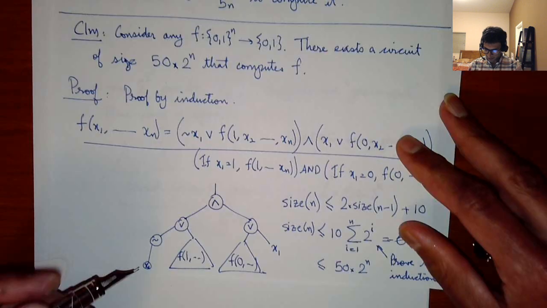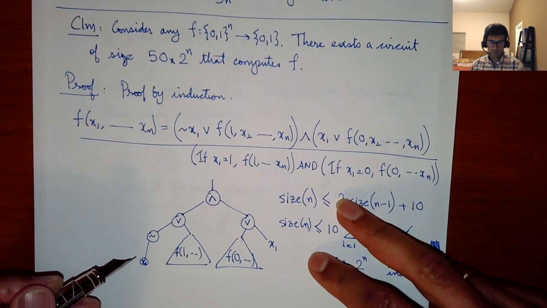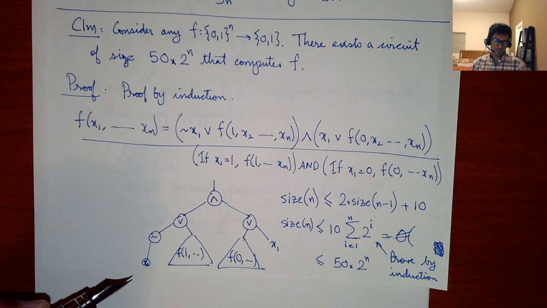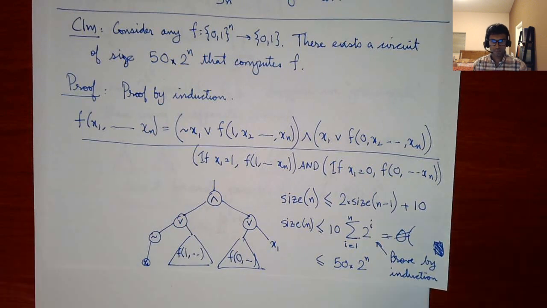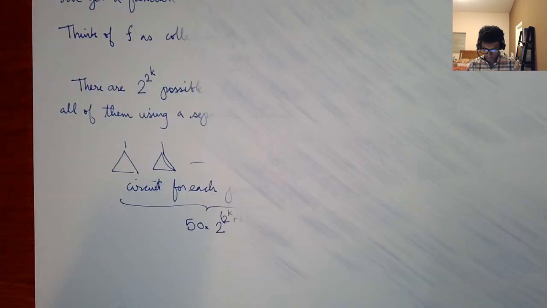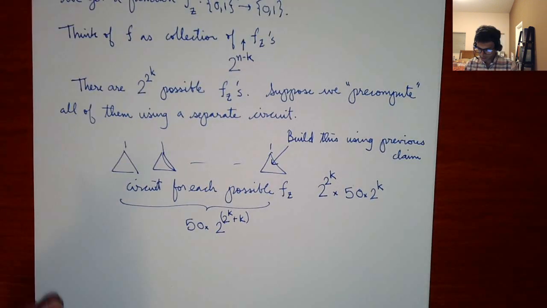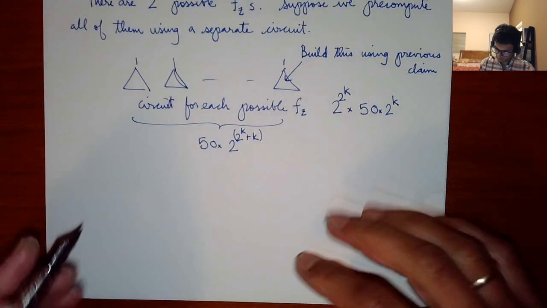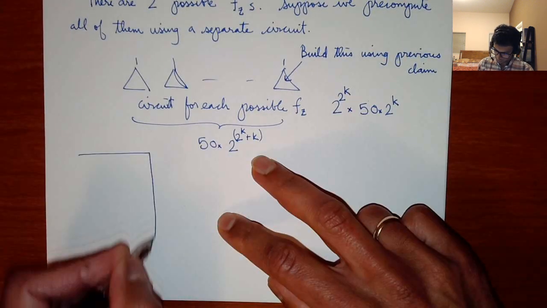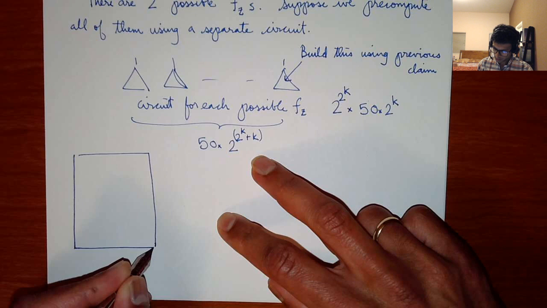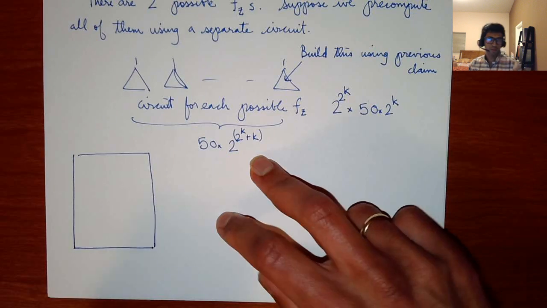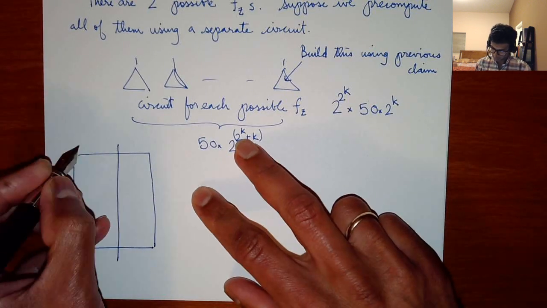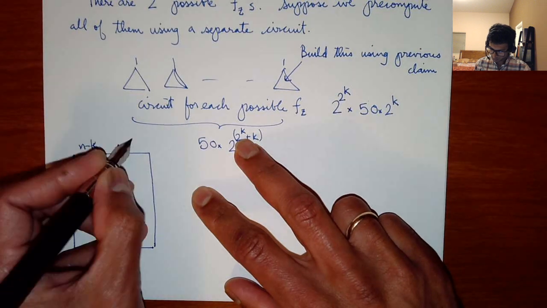We apply this construction for the first n minus k bits. So maybe the way to think of this is I'm just looking at the truth table. n minus k and k.